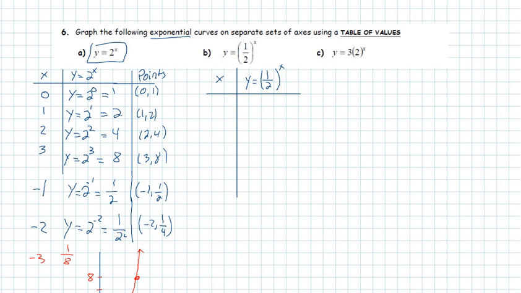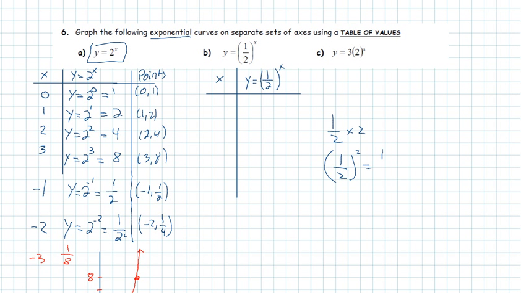Remember, I am not multiplying. Remember, I'm not doing a half times 2. I'm doing a half to the power of 2. If I pick a half to the power of 2, what am I going to get? 1 over 4, right? What if I pick a half to the power of 3?